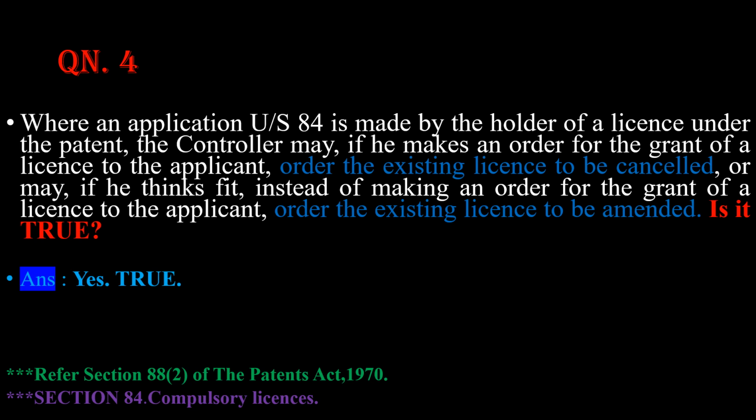That means either or condition, either the existing license has to be cancelled or the existing license is to be amended or corrected in the desired way. Is this statement true? The answer is yes, this statement is true. For this, please refer section 88 subsection 2 of the Patents Act 1970 and section 84, that is compulsory licenses.